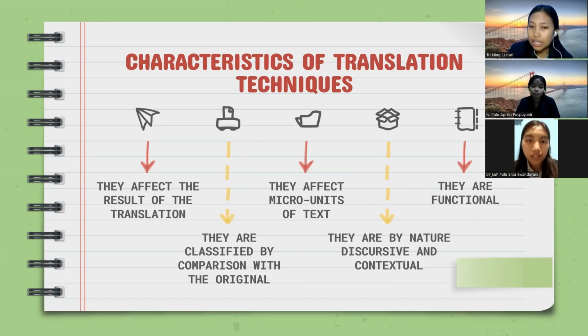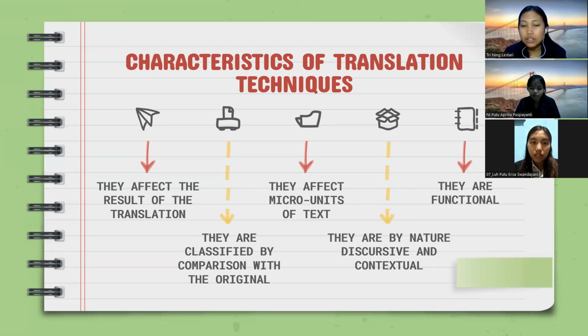From these 5 characteristics, it can be seen that the translation technique can influence the translation result, which means that not all sentences or books that are translated are 100% the same. Sometimes some are even different, but efforts are made to be close to the original, and accuracy must be maintained.